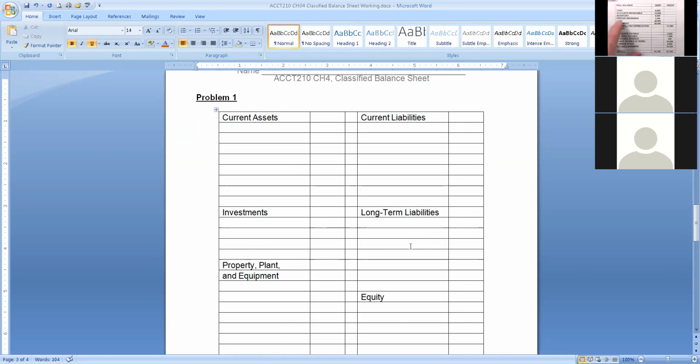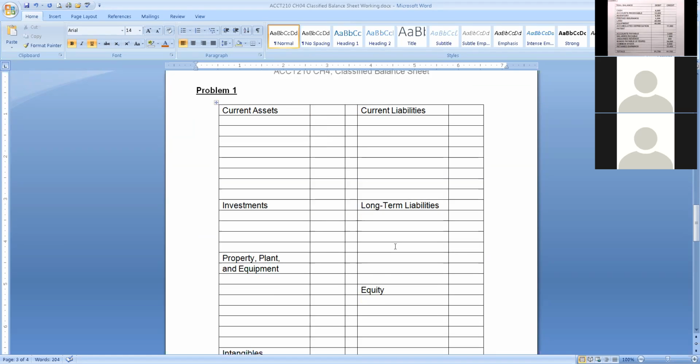So let's take the first one, cash. Where is cash going to go? Okay, I'll get us started. Cash is a current asset.